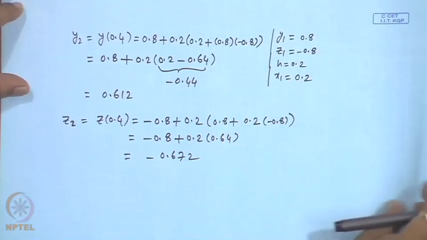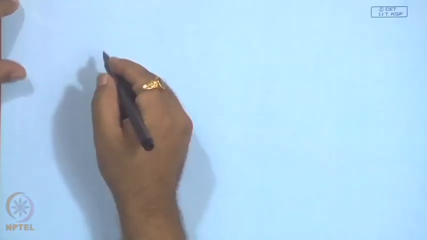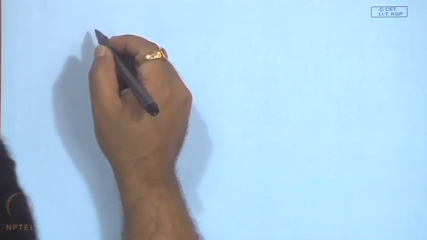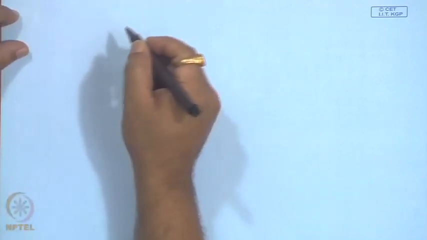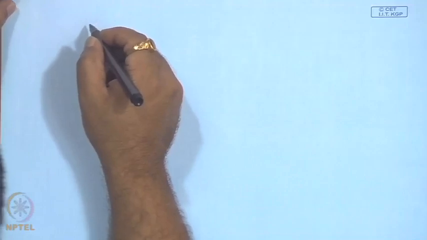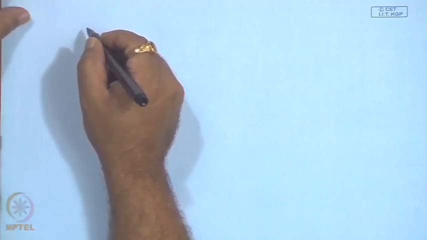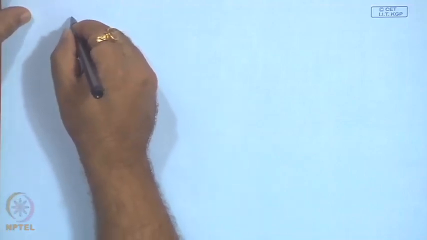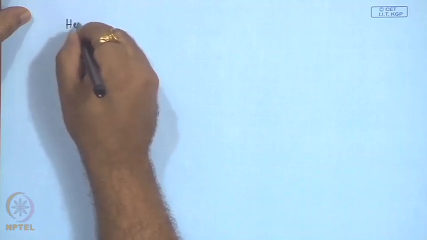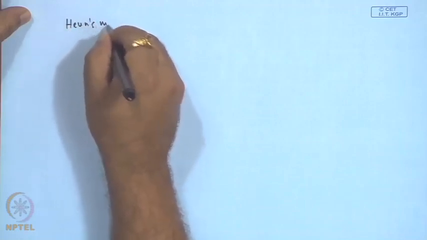Another example, because there is a slight trick involved in solving a system with an RK method. So, what is the trick? We will see. For example, take Heun's method.